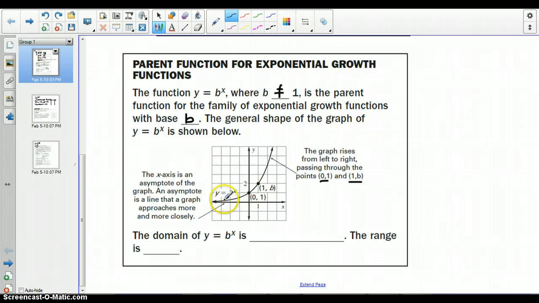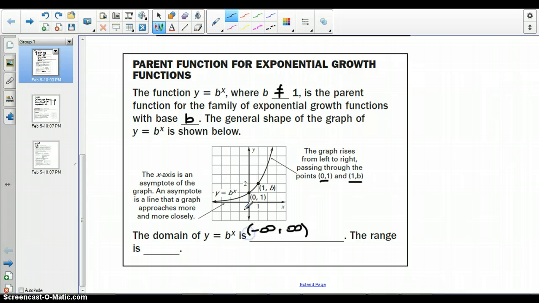Now, this graph goes on infinitely, forever. Well, you can't really see it, but you can use your imagination. It goes on forever to the negative side, keeps rising, but it goes on forever in the x-axis. So the domain in this case goes from negative infinity all the way to positive infinity.